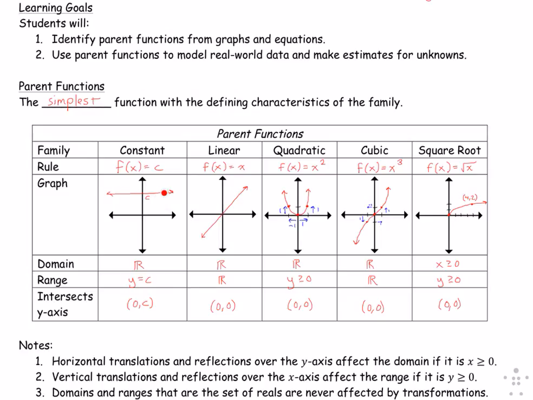Constant is a horizontal line because the y value, or the dependent range value f of x, is always equal to some value, but nothing is told about x. So x could be anything along this horizontal line. It has a domain that's a set of reals for that reason. The range is always equal to whatever that constant value is.